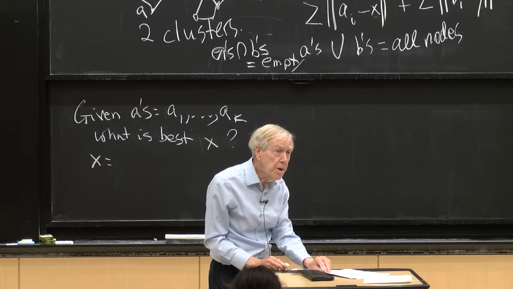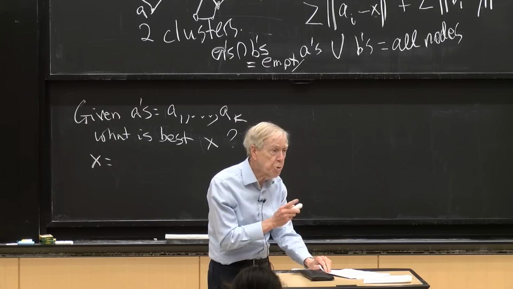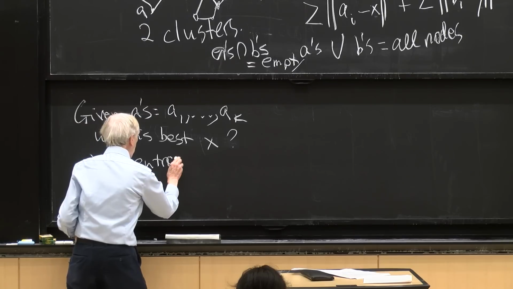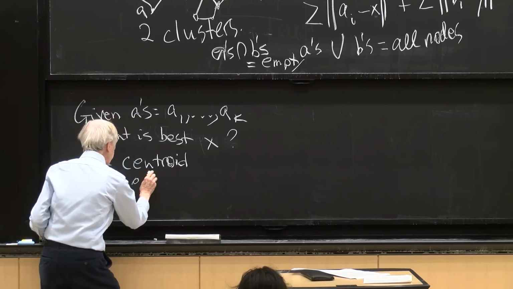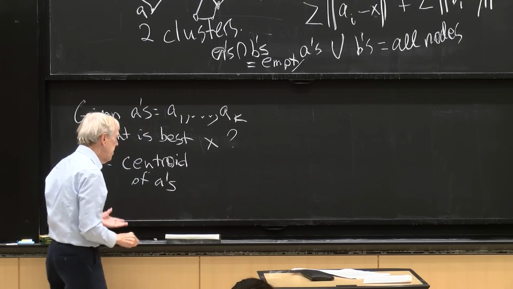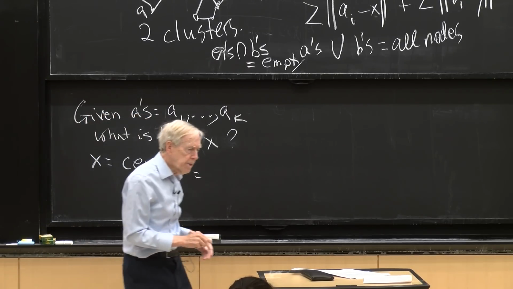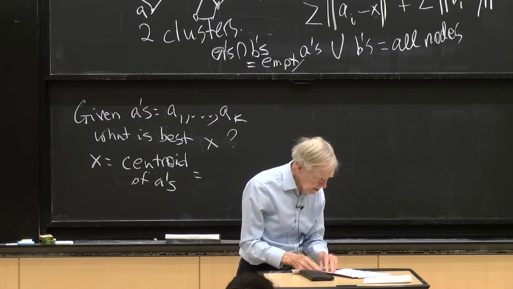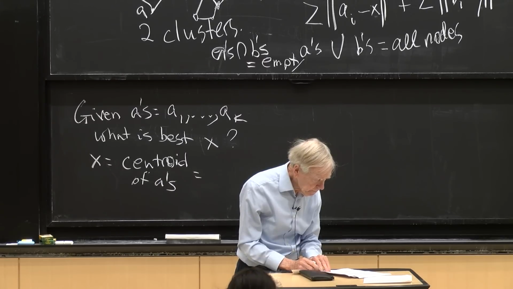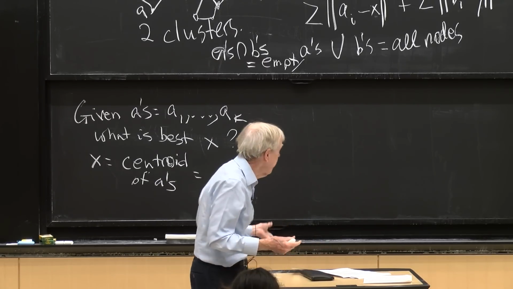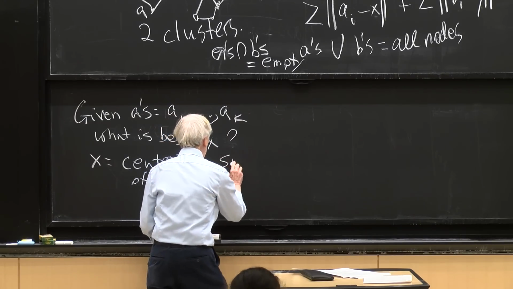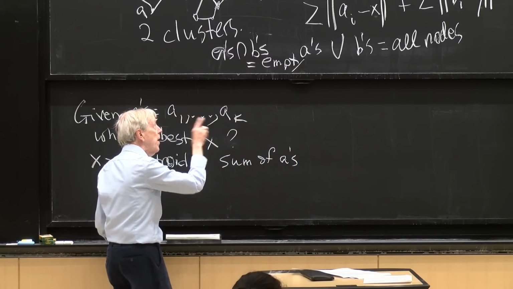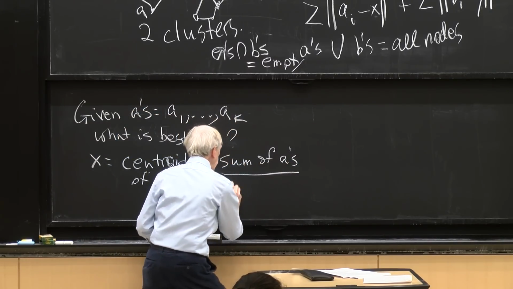It is the centroid. Centroid is the word. X is the centroid of the A's. And what is the centroid? I guess it's the average of the A's. It's the sum of these A's, those are vectors, of course, divided by the number of A's.